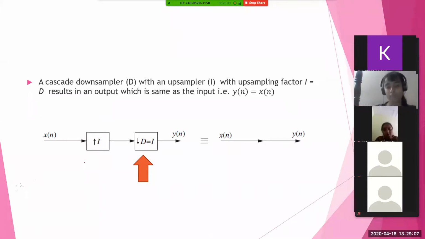We are upsampling it by 100 and then downsampling it by 100, so the output signal is in fact the input signal. I would like you to remember this identity because it is very important when solving problems. Whenever we have an upsampler followed by a downsampler of the same value, they cancel each other. Here you can see that they canceled each other. There is no block at all, right?